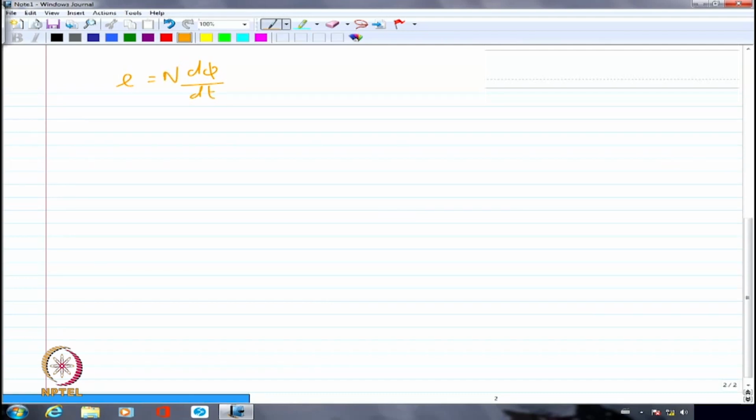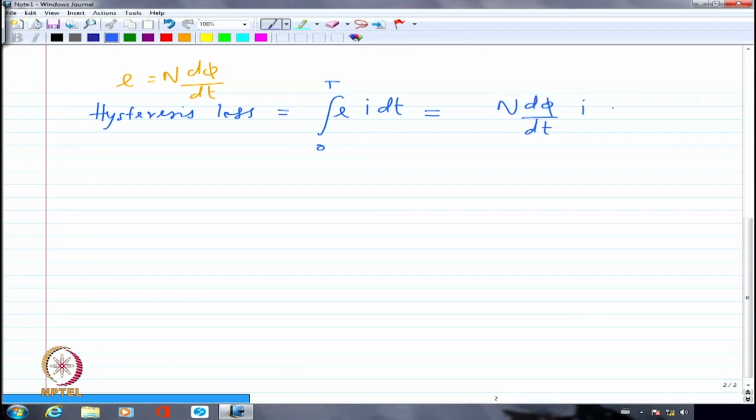So I can say hysteresis loss is equal to the integral of EI dt from 0 to t. The same thing can be written as n d phi by dt multiplied by I multiplied by dt. So this dt and this dt I can cancel. I can simply write this as ni d phi integrated from probably minus phi max to plus phi max.